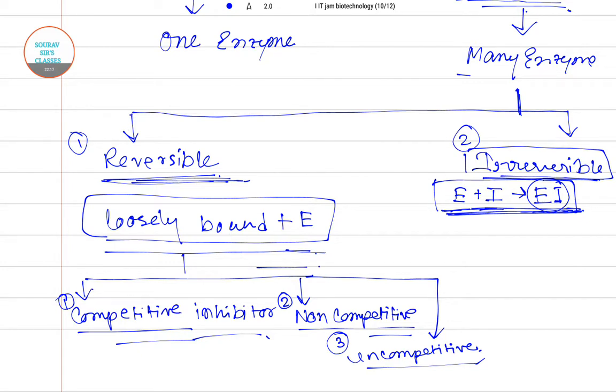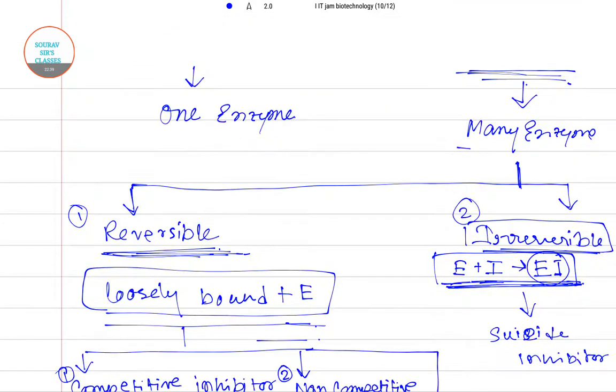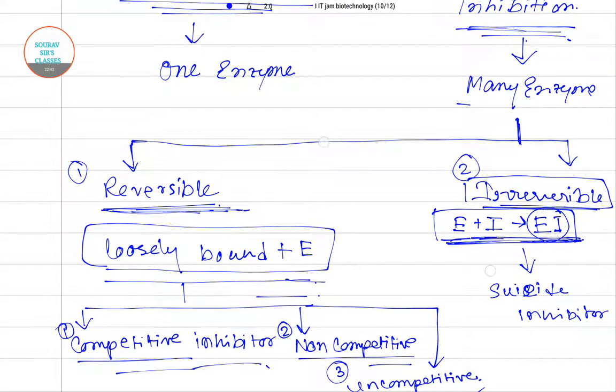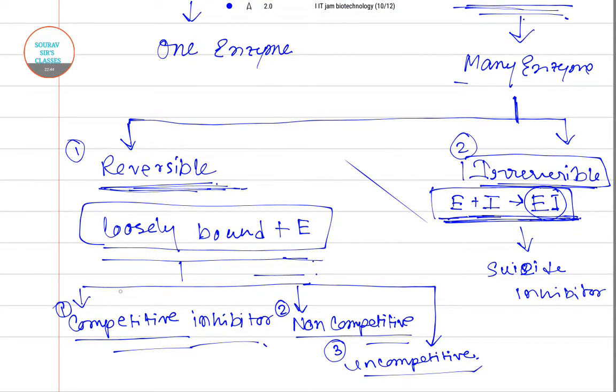Then the subdivision of the non-specific inhibitors, which have the ability to inhibit many enzymes, not just one enzyme. They can be of two types: first is reversible, second is irreversible, and we can further subcategorize irreversible inhibitors into suicide inhibitors. The reversible inhibitor is also subdivided into three parts: competitive inhibitor, non-competitive inhibitor and uncompetitive inhibitor.